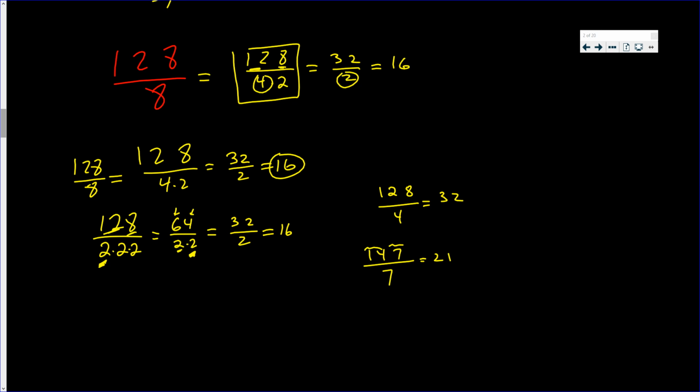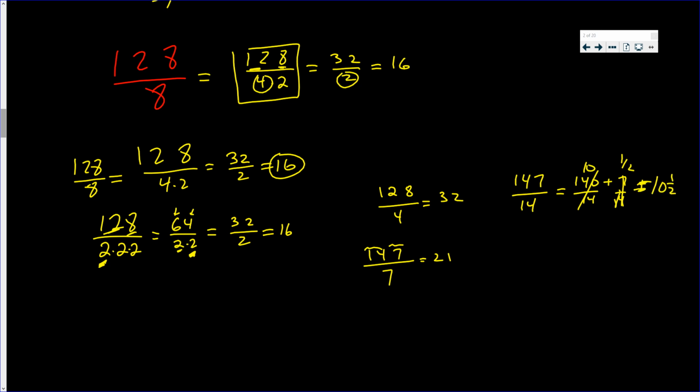So if somebody asked me what 147 divided by 14 is, well, to be honest, I would think of that as 140 plus 7, both over 14. This is 10. 7 over 14 is a half. So yeah, I would just say 10 and a half.